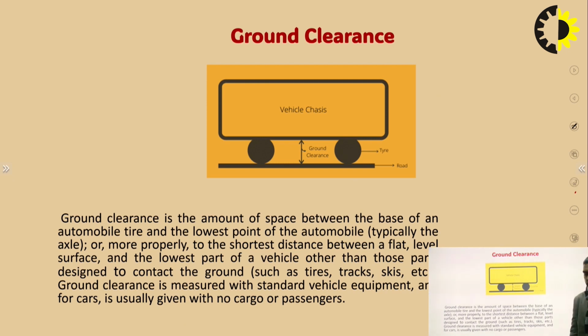Then another point is ground clearance, which is often quoted by the vehicle industry or car industry, that the ground clearance is good, or the ground clearance is low. In a racing car, the ground clearance is very low, whereas in an SUV or a truck, the ground clearance is high. Ground clearance is the minimum distance between the road and the lowest hanging part of the vehicle.